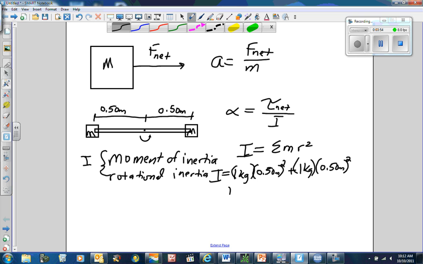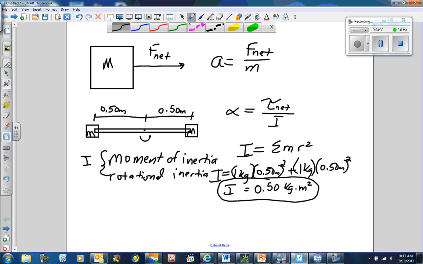When I do that, I get I equal to 0.5 kilograms times meters squared. That's a number, and that number tells me something about how hard or how easy it is to accelerate this meter stick in the counterclockwise direction.